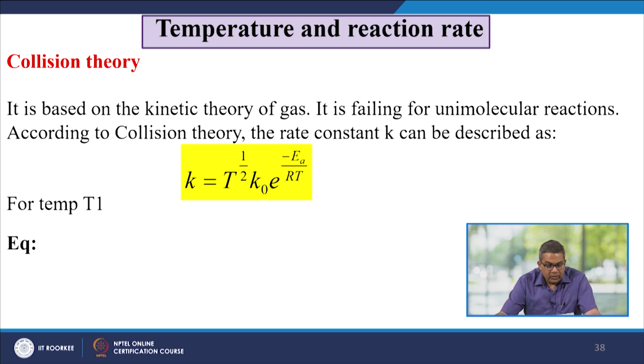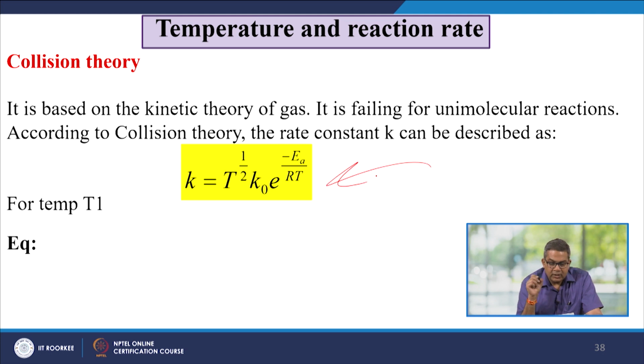Now, let us talk about the collision theory. It is based on the kinetic theory of gases. It fails for unimolecular reactions. Now, according to collision theory, the rate constant K can be described as K is equal to T to the power half K naught e to the power minus EA over RT.